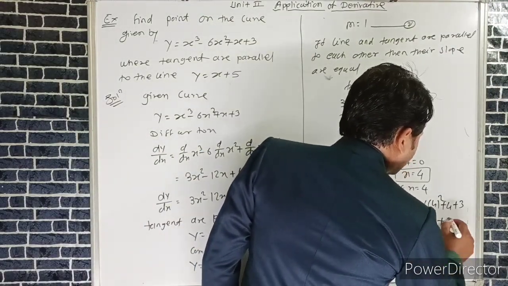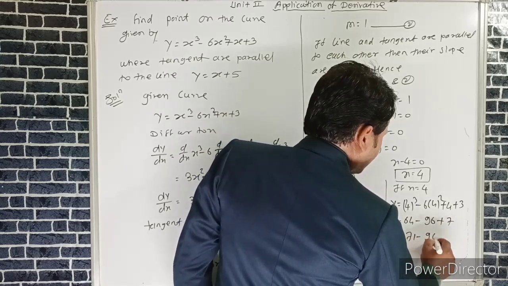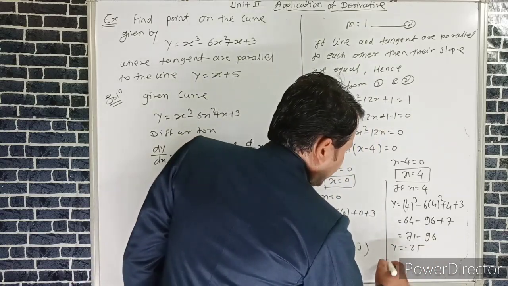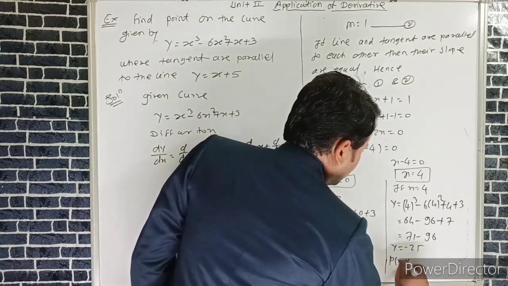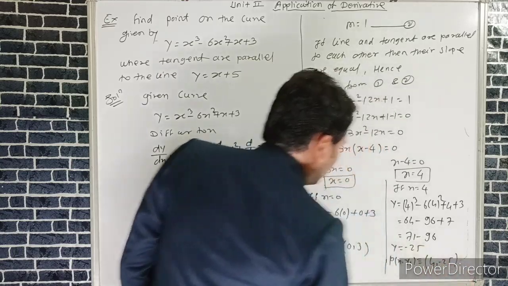Plus 4 plus 3 is 7. 64 plus 7 is 71, minus 96, which gives y = -25. Hence again point P(x1, y1) is represented by (4, -25).